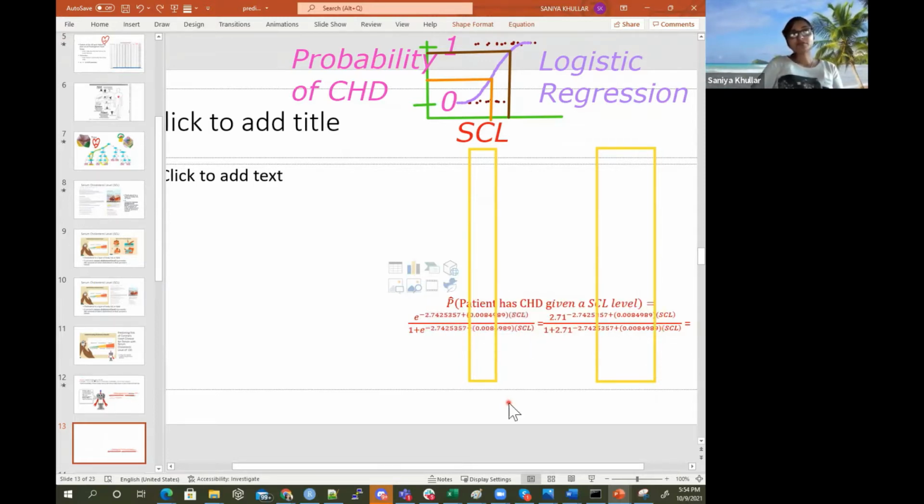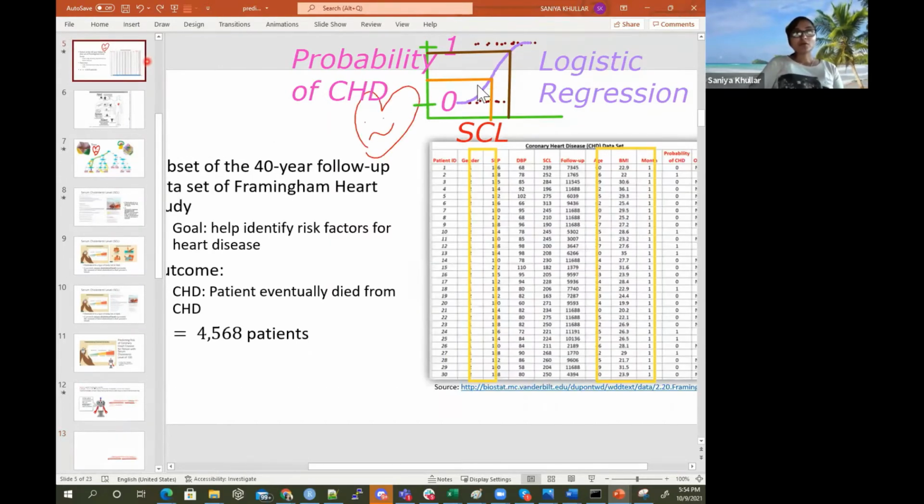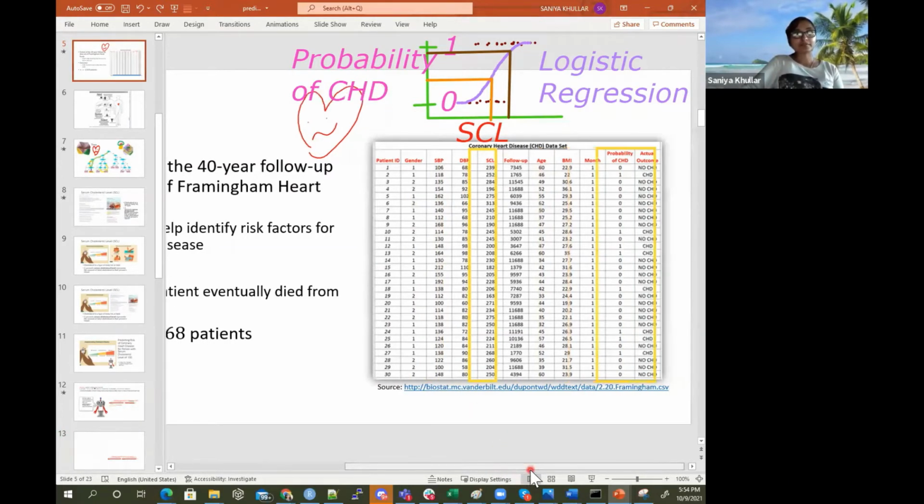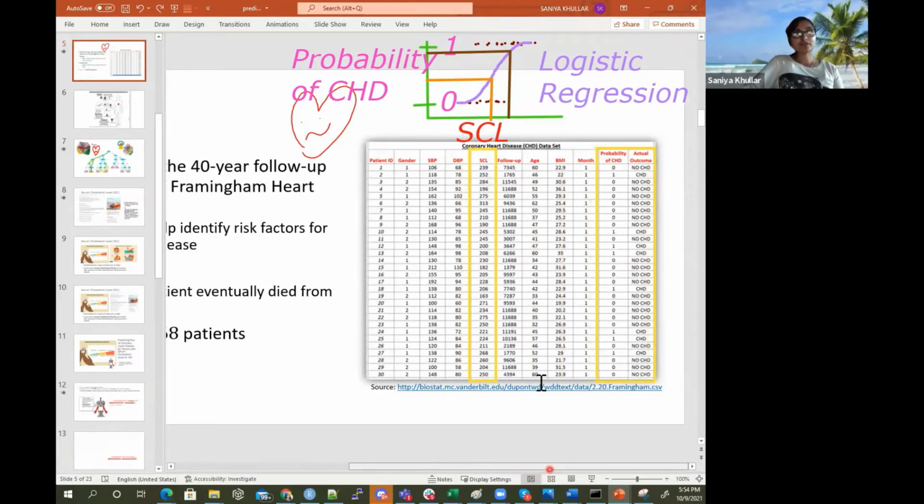And it's going to figure out the probability of you having this coronary heart disease. That's what it's trying to learn. So as your serum cholesterol level increases from here to here, this is your probability of coronary heart disease at this point.